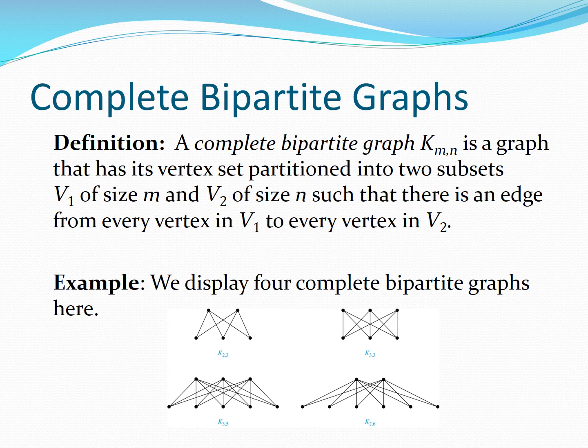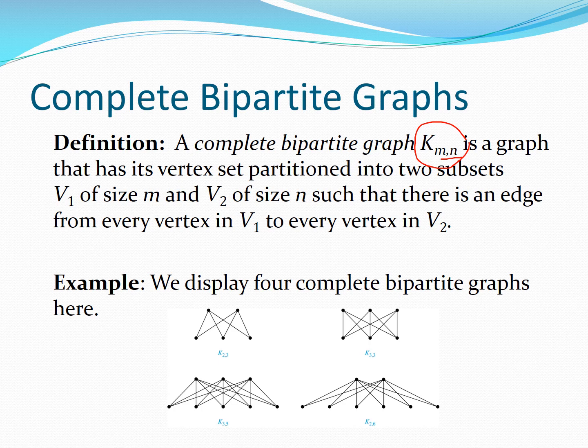How do you represent it? You use the same letter K that you use to represent a complete graph. However, there are two subscripts here, m comma n, where m represents the number of vertices in your set V1 and n represents the number of vertices in your set V2.